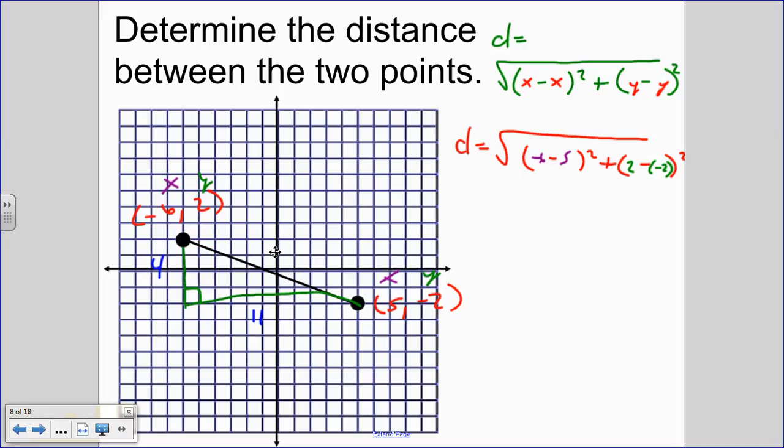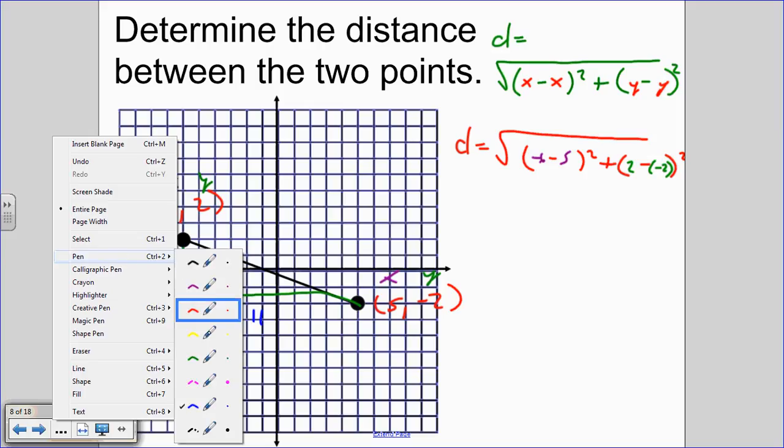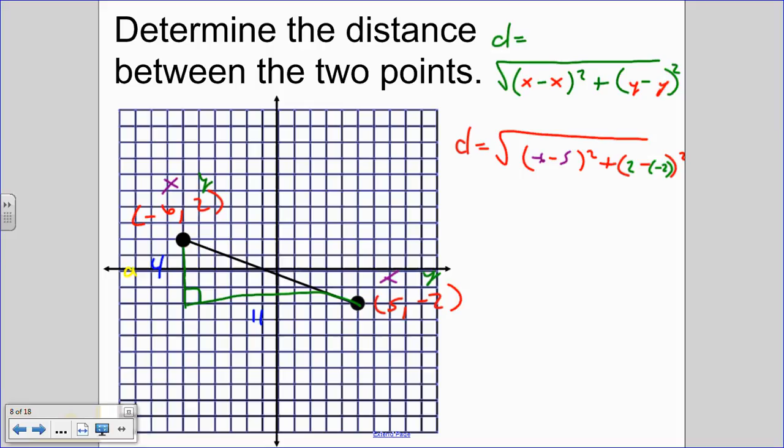And we can use Pythagorean's theorem to do that, because Pythagorean's theorem says a squared plus b squared equals c squared. So c is the missing side. And then, so we're looking for c, and we have both a and b. So the short version would be c is equal to the square root of a squared plus b squared.